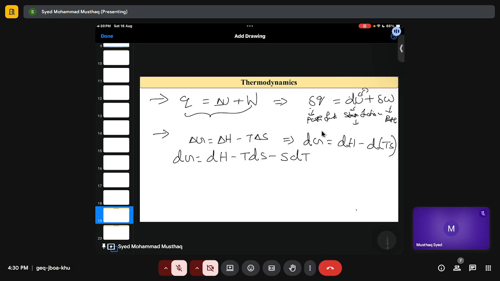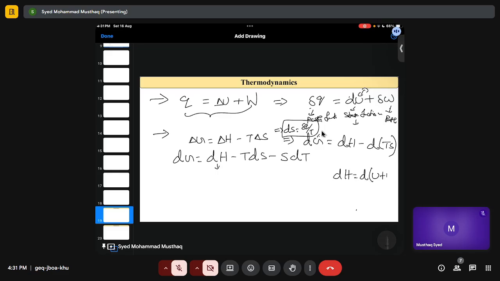The next one is how do you remove this guy, right? So from second law of thermodynamics, you got entropy. So entropy is a state function, and del S will be equal to del Q upon T, right? So some part of energy is being lost even at constant temperature. So that's why that relation came. That's it.